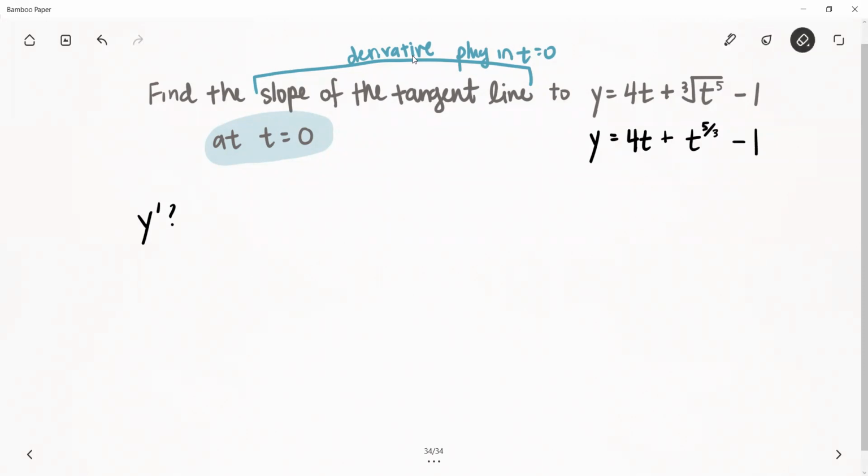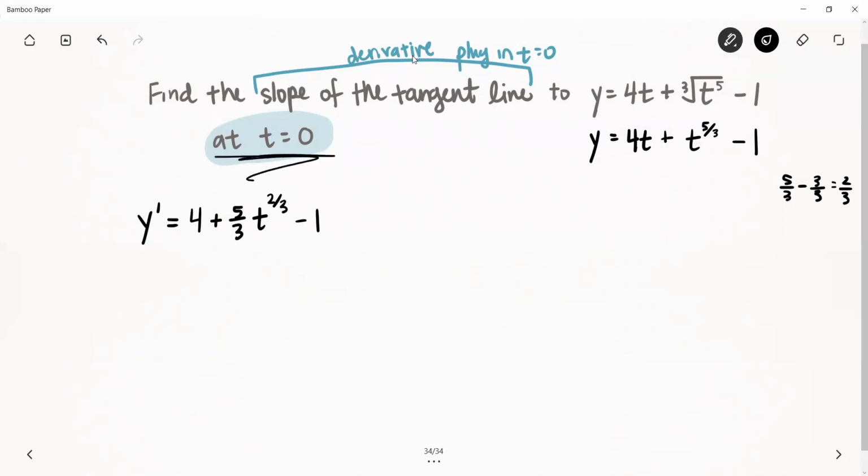So y prime can be found with power rule. Yay. And we're going to get 4 plus 5/3 t. So 5/3 minus 1 will be minus 3 over 3, and that's going to be 2/3. So this should be my new power, minus 1. Okay. And now I'm ready to plug in my value.